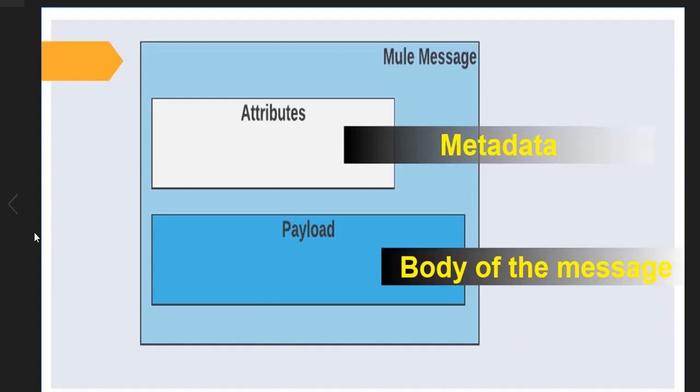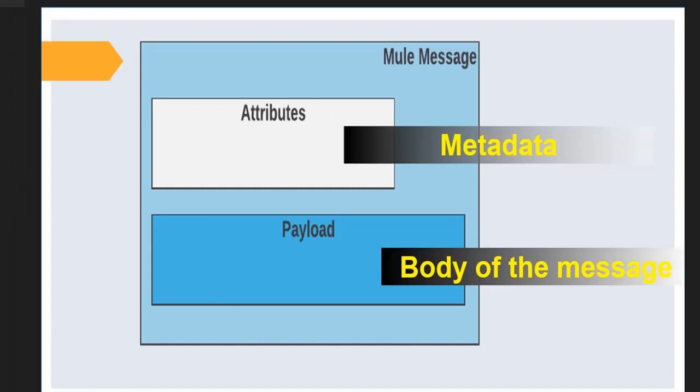Once you implement the flows, once you have implemented your code and all, then you will get to know what a Mule message is and how it looks. As of now, just remember a Mule message will have two different parts. One is attributes, another one is payload. This is just for certification exam purpose. But you won't understand this at this stage, to be frank.